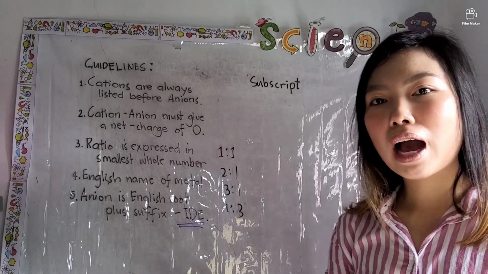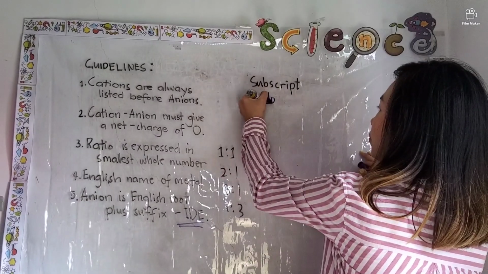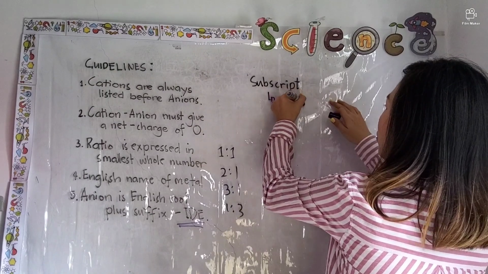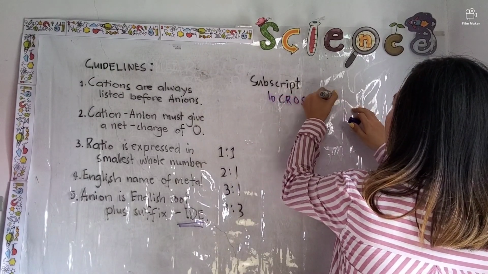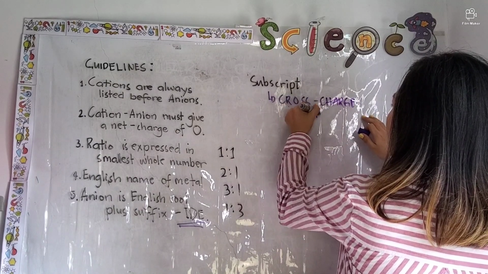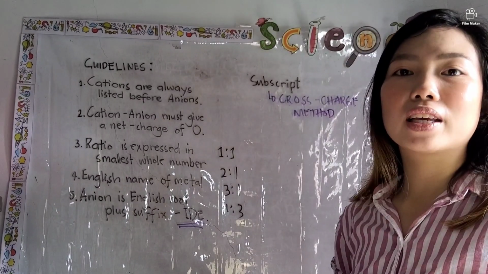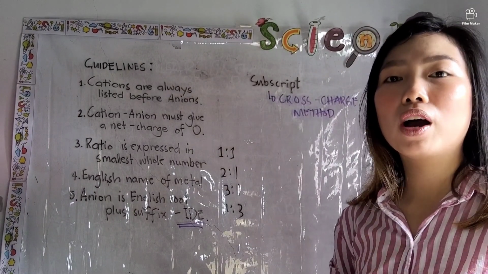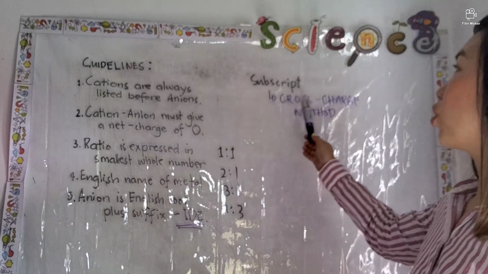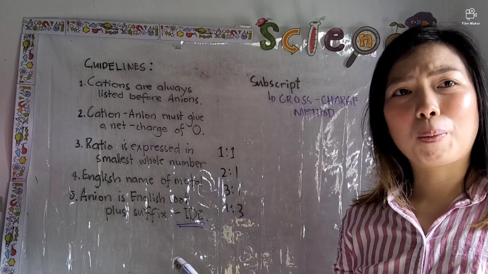Pero, magkakaroon tayo ng cross-charge method. So, kung maglalagay tayo ng subscript sa ating chemical formula, huwag mong kakalimutan ang cross-charge method. Anong ibig sabihin ng cross-charge method?